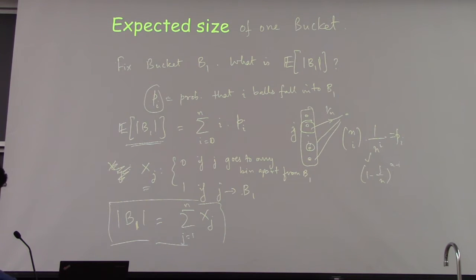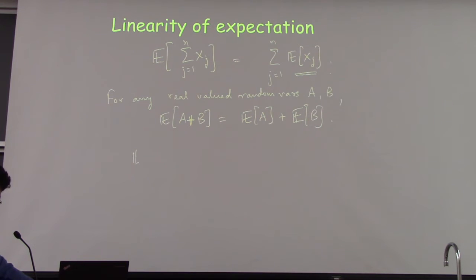Remember, xj was 0 if j goes to any other bucket, and 1 if j went to B1. So it's 0 with probability 1 minus 1 over n, plus 1 with probability 1 by n. So this is 1 by n. This is just a simple calculation.